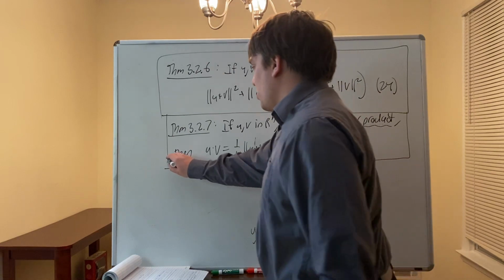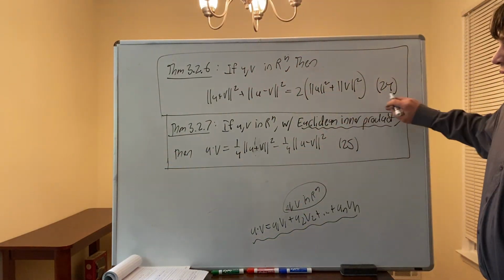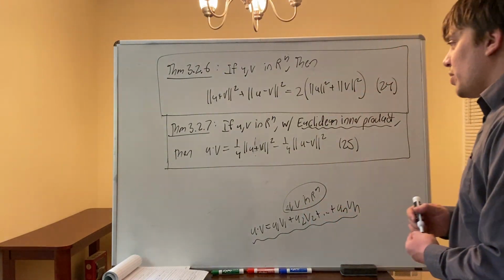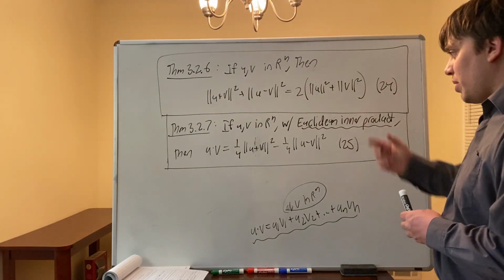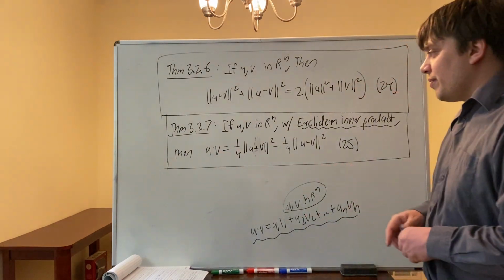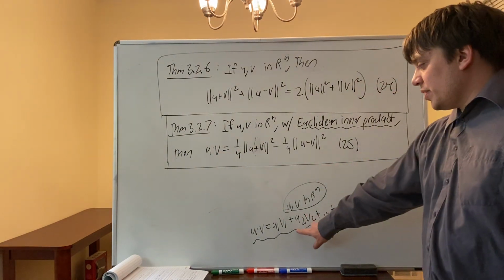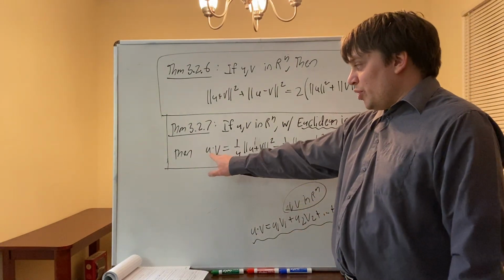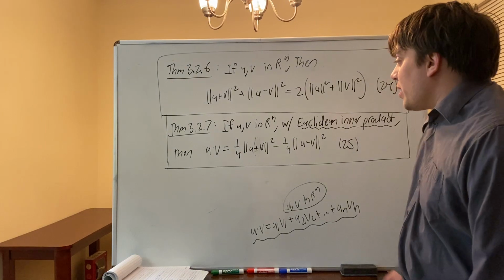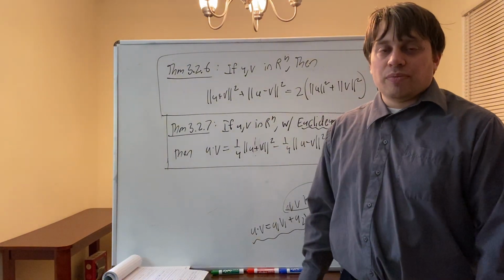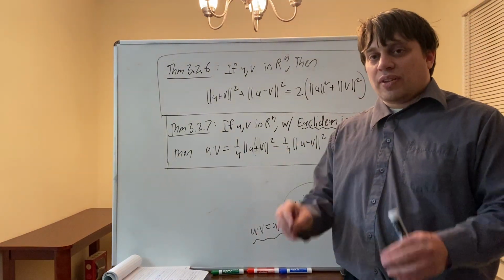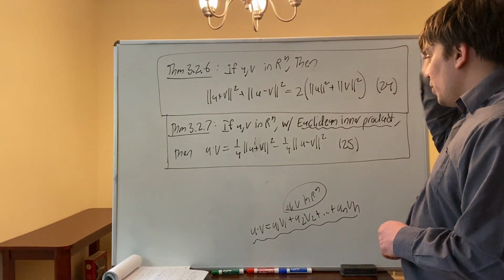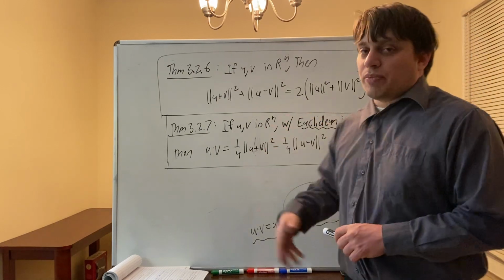I made a second box, but the two boxes share this border. So now these two theorems are sharing that border. Okay, so if u and v are in n space with the Euclidean inner product, then u dot v is equal to that. When I specify the inner product as being the Euclidean inner product, not only does that matter for what u dot v means, it also matters for what the norm of a vector means. The norm of a vector is defined by an inner product, so if you choose a different inner product function, your norms will also be different.